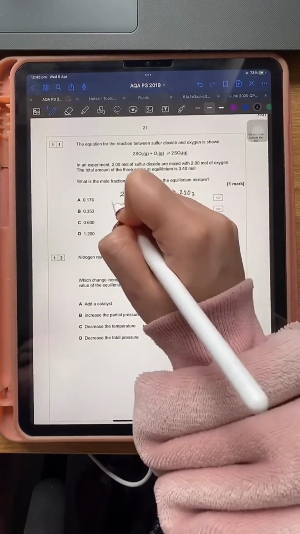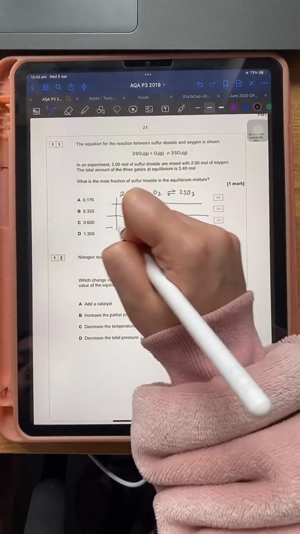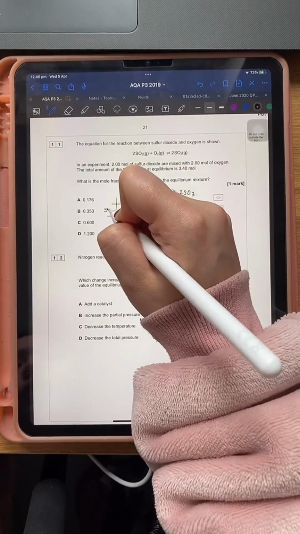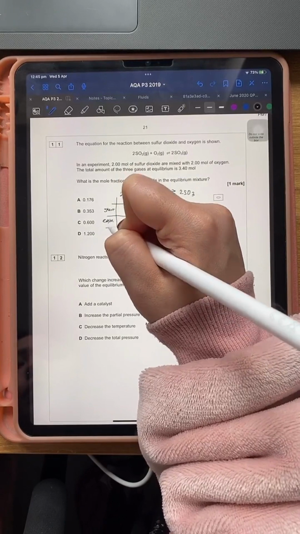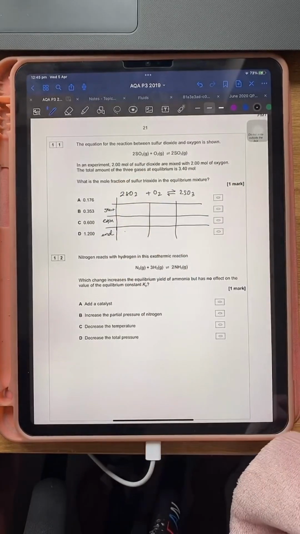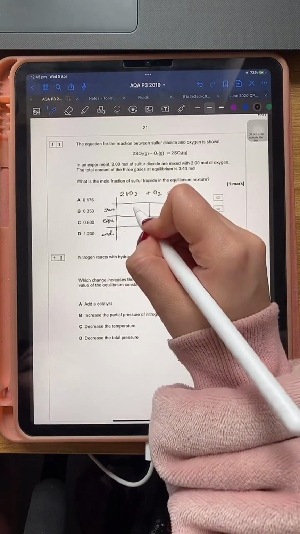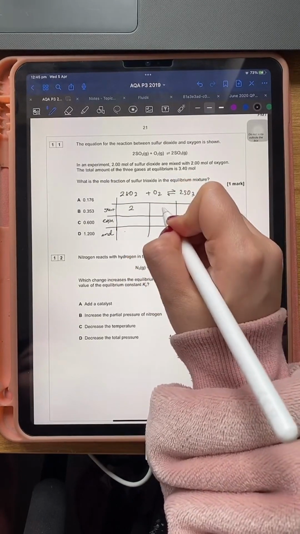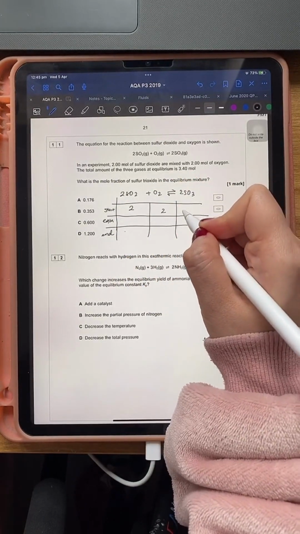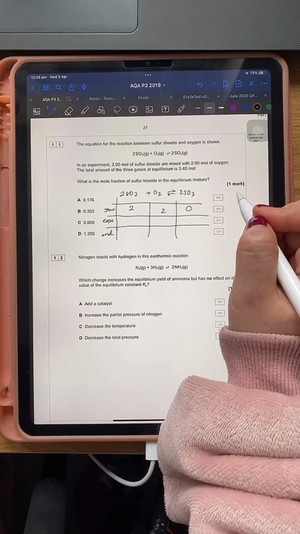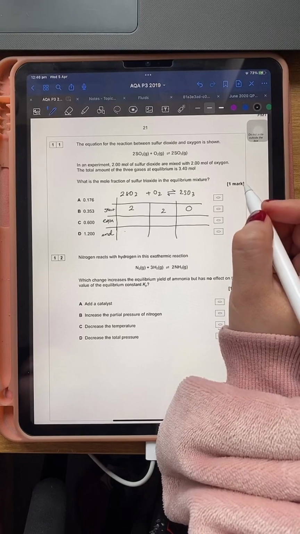I like start, equilibrium, and end. At the start, we have 2 moles of each of them, and the product is always 0 at the start. Then it says the total of the gases at equilibrium is 3.4.